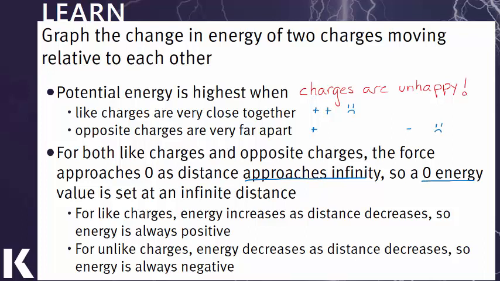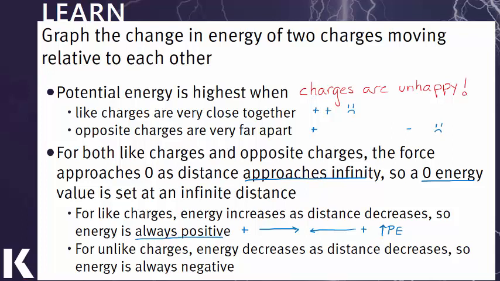And let's think about how that energy changes as the distance changes. If we have like charges, say our positive charge and our positive charge, as we move those two charges closer together, we will see an increase in the potential energy. So for like charges, our energy is always positive.